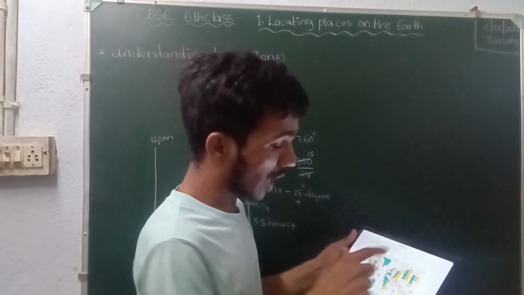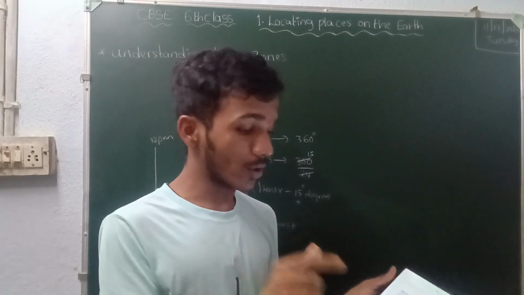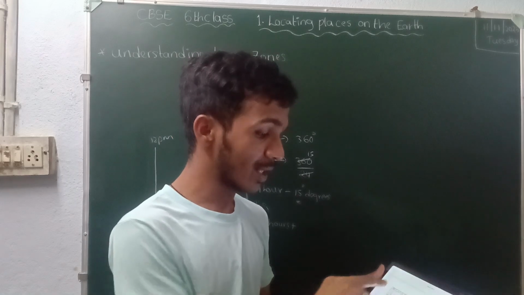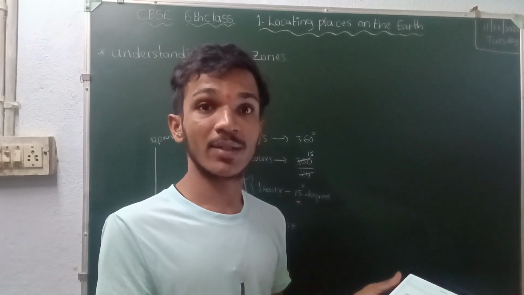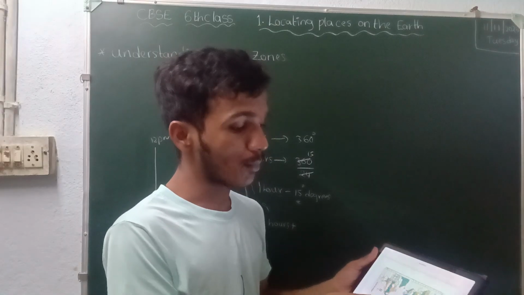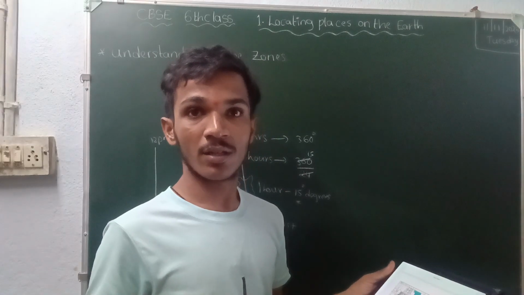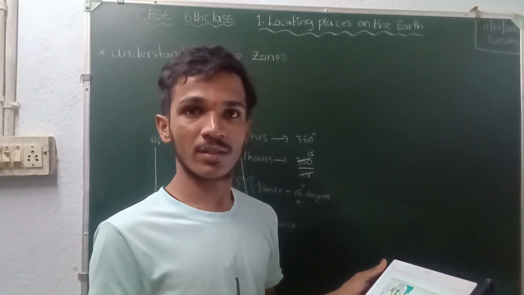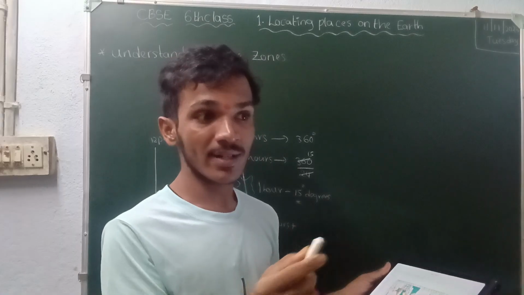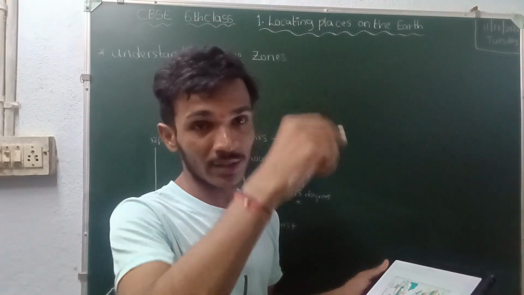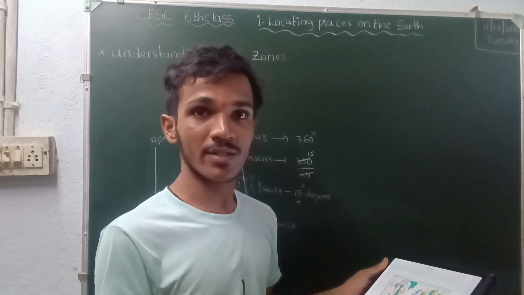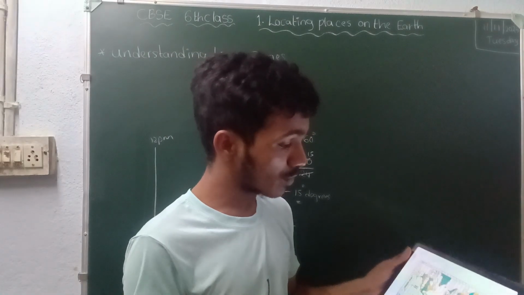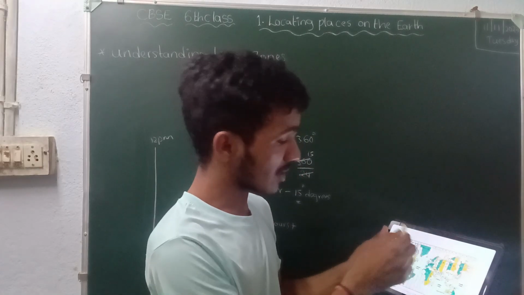According to the time, the longitude lines are not straight, because based on the borders, the time will change. Each and every country has different borders, so based on their borders, the longitude distance among them will also change. So each and every country has different times.